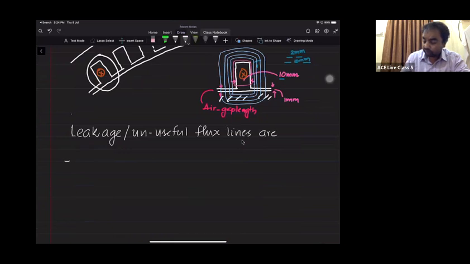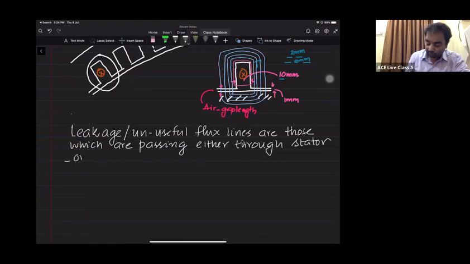They are those which are passing either through stator or rotor, but not both. We call it as leakage flux lines, right?